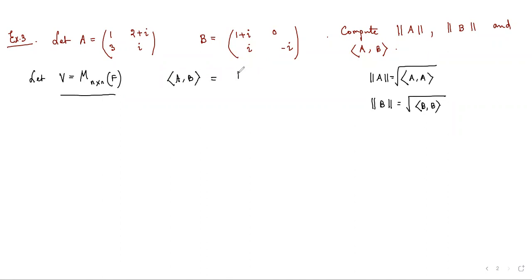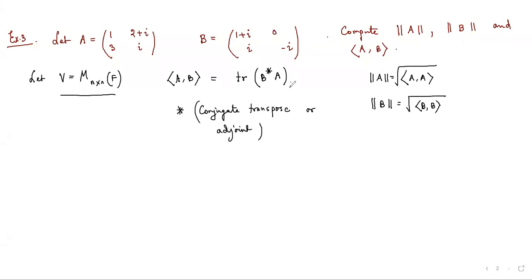The Frobenius inner product is defined as trace of B star A, and remember, this star is called the conjugate transpose, also known as the adjoint.